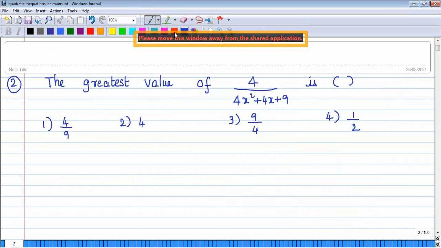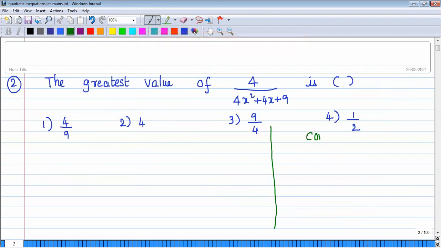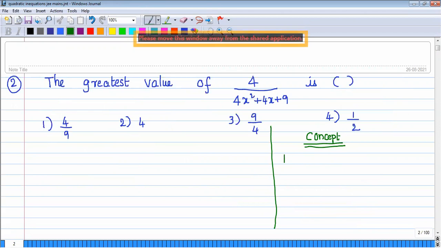Second one. So first here I need to discuss the concept. See, minimum of 1 upon f of x equals 1 upon maximum of f of x. So if 1 divided by the maximum of f of x, that gives us the minimum of 1 upon f of x.